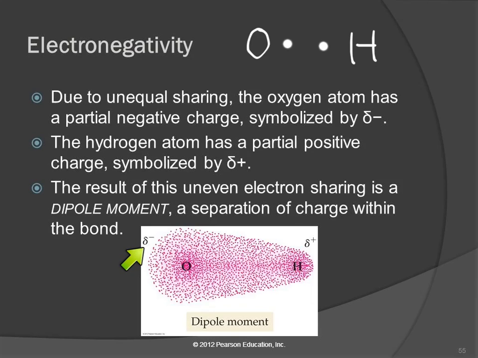So this is a partial negative charge. It's between 0 and 1. And this is a partial positive charge. And exactly what that charge is doesn't matter. It's just between 0 and 1. And so we say that this bond has a dipole moment, a separation of charge. There's a negative end and a positive end.